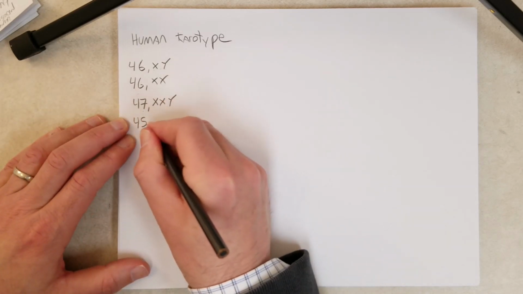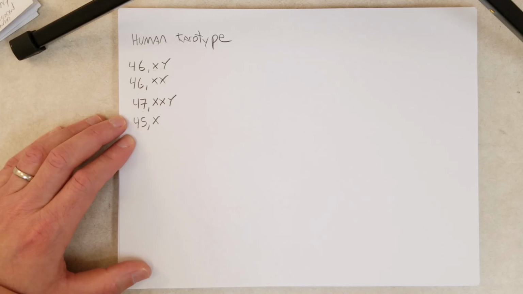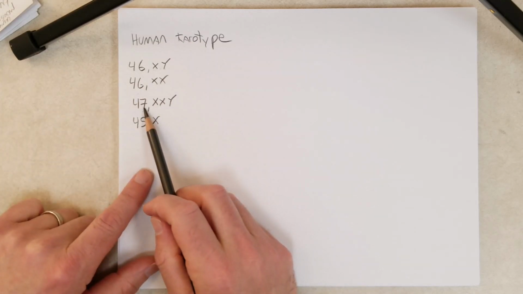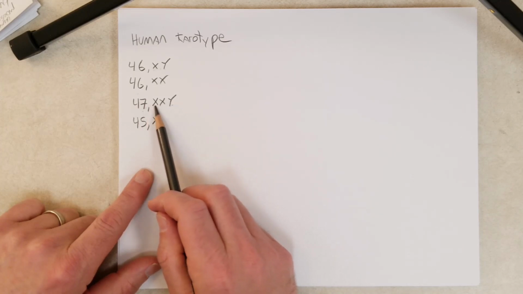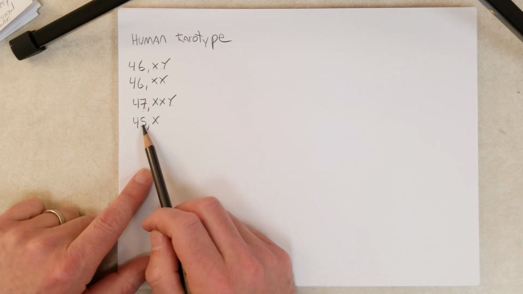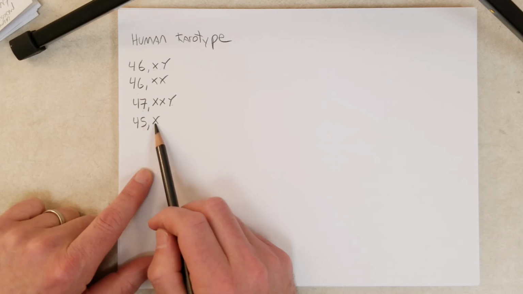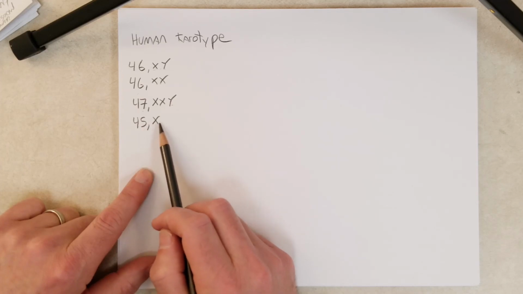Also 45 with just an X chromosome. You see how the total number of chromosomes is changing? And we can tell because there's an XXY here that the difference is 1 extra sex chromosome. And here 45, okay, this individual is missing a chromosome. What chromosome is this individual missing? Because we only list 1 X here, we can see that the individual is missing an X chromosome.